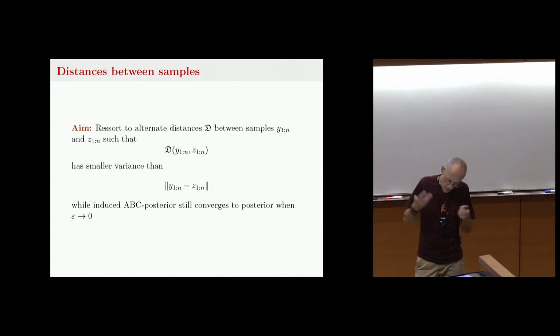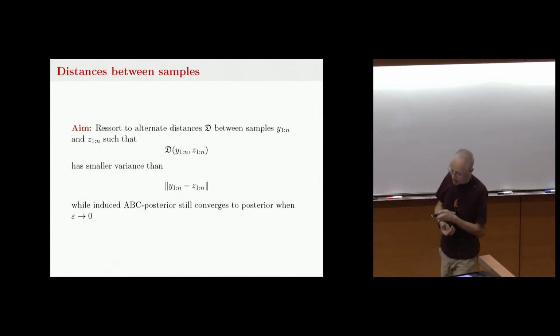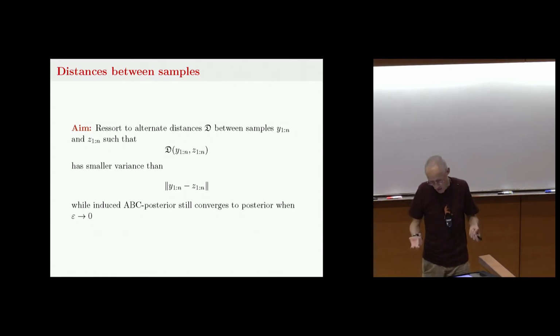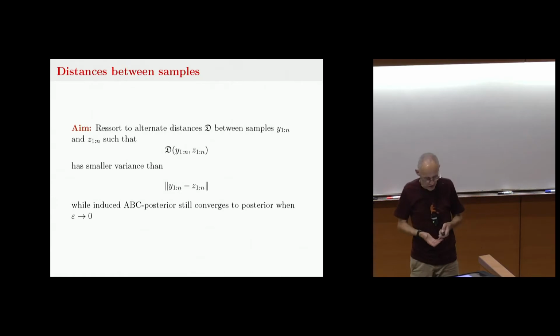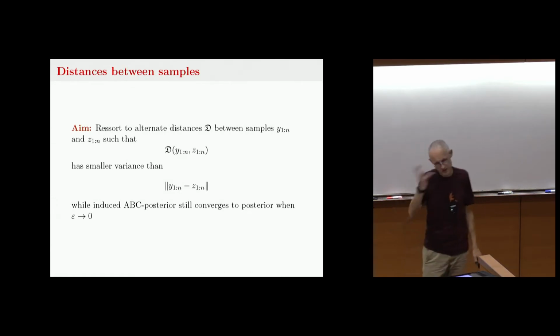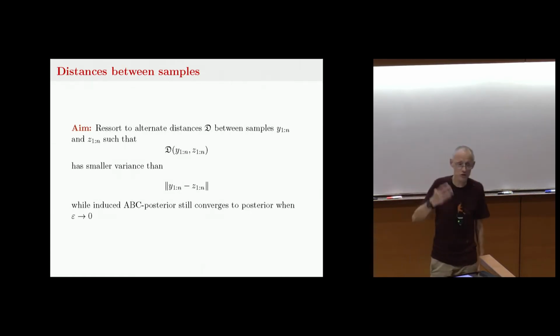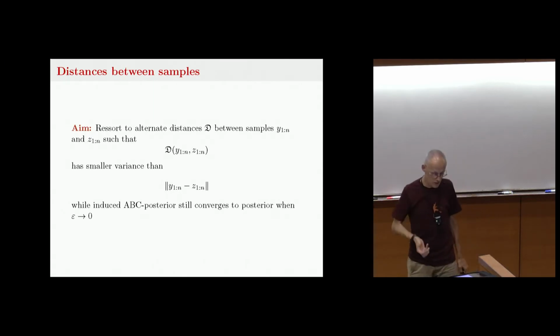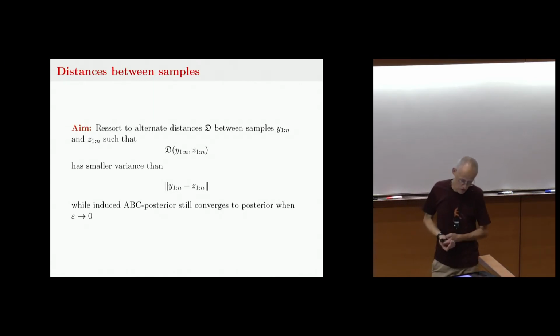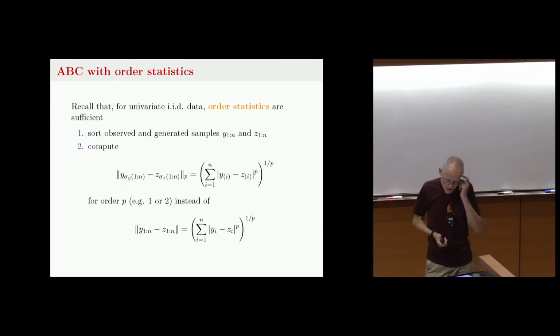And so by using the entire sample, but as a sample rather than as a vector of observations, we could produce smaller values of epsilon that are still representative of the problem of inference, and therefore push epsilons closer to 0 to get hopefully better inference. Even though there is another paradox in ABC, which is that epsilon should not be too small as well to achieve the right degree of approximation.